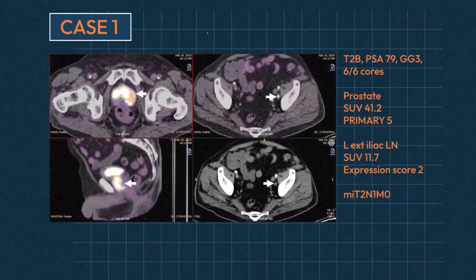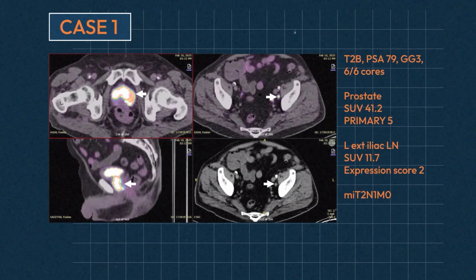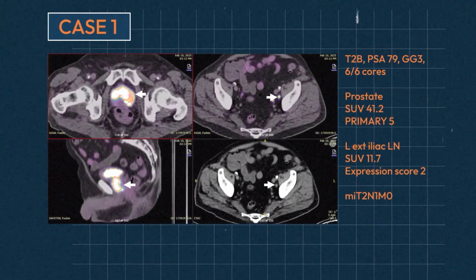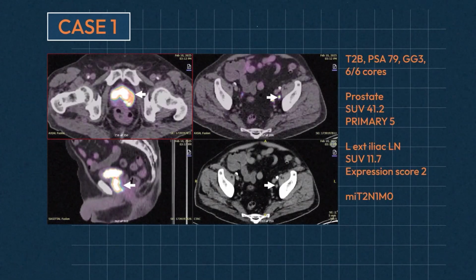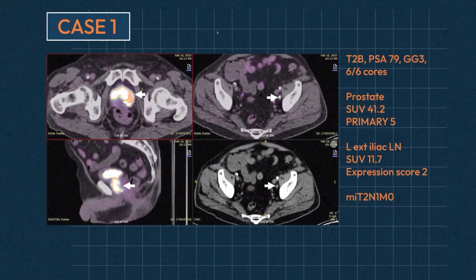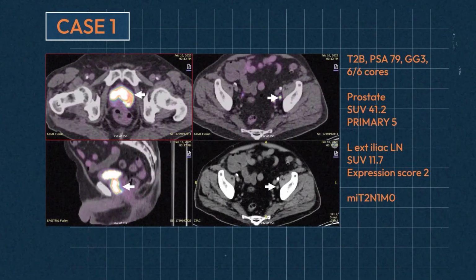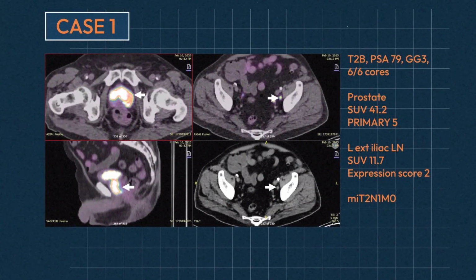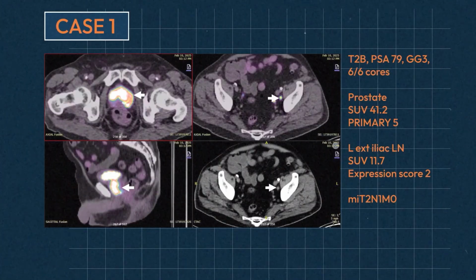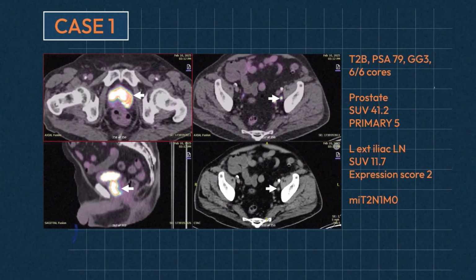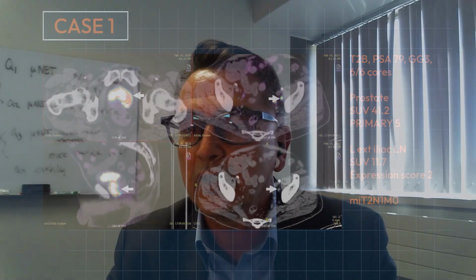And interestingly, if one looks at the CT alone, without the overlaid PET signal, the lymph node in that area is sub-centimeter and would likely not meet pathologic size criteria, so by conventional imaging would be an N0 case, but the PSMA PET definitely highlights that lymph node and gives us the molecular N1 stage.